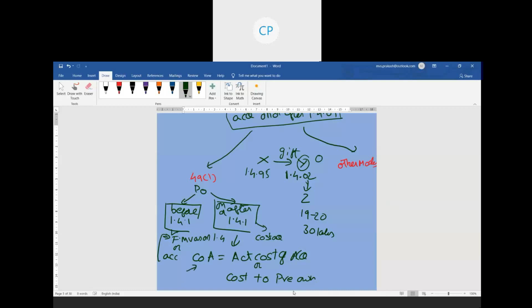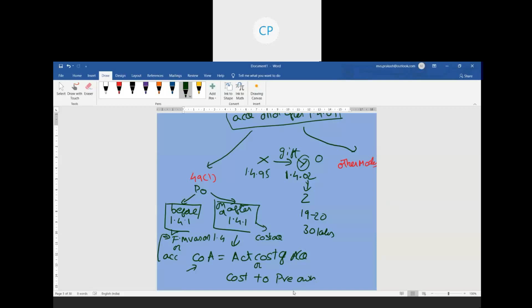Whenever you are acquiring the asset under 49 subsection 1 other modes, what does it say? If the previous owner acquired before April 2001, fair market value or actual cost, whichever is higher, will be taken as the cost of acquisition to the previous owner. If the previous owner acquires after 1st April 2001, the cost at which he acquired will be taken as the cost of acquisition to the previous owner.